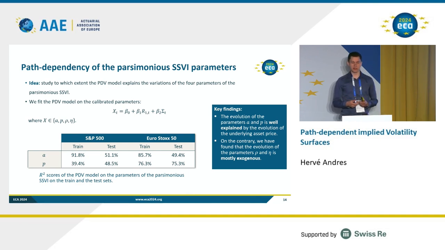So it's not as clear that the price of the underlying asset will impact this geometry of the implied volatility surface, while A and P are more parameterizing the ATM level, the at-the-money level, which is path dependent.